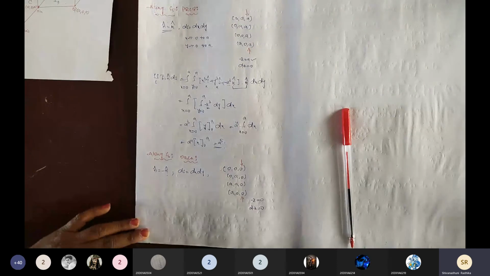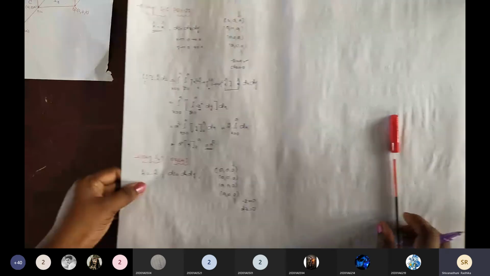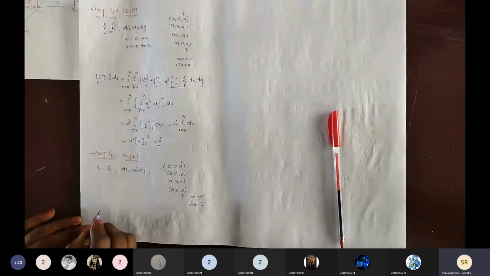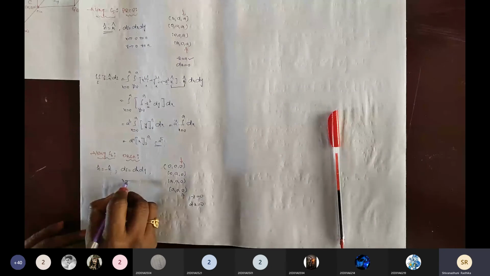Now substitute this in the surface integral, the double integration over S of f bar dot n cap ds. So that equals integration, where the x limits are 0 to a and the y limits are 0 to a as given.